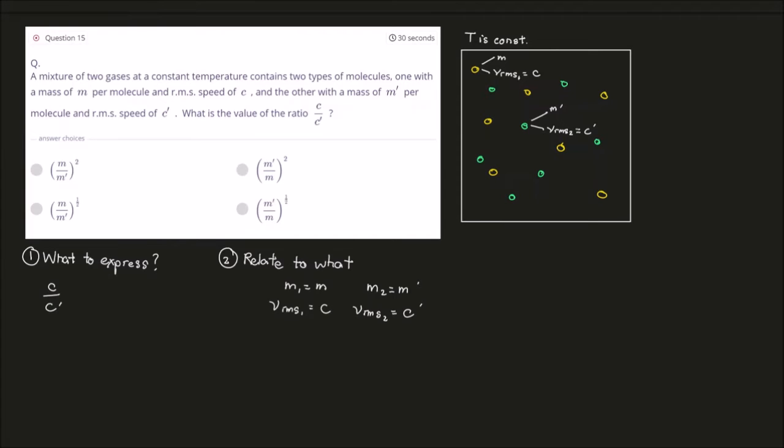So you know VRMS and the mass per molecule, it's probably a formula that you can recall. It's VRMS equals to, well, here you might be thinking whether I want to do 3RT over molar mass, or I want to do 3kBT over small m.